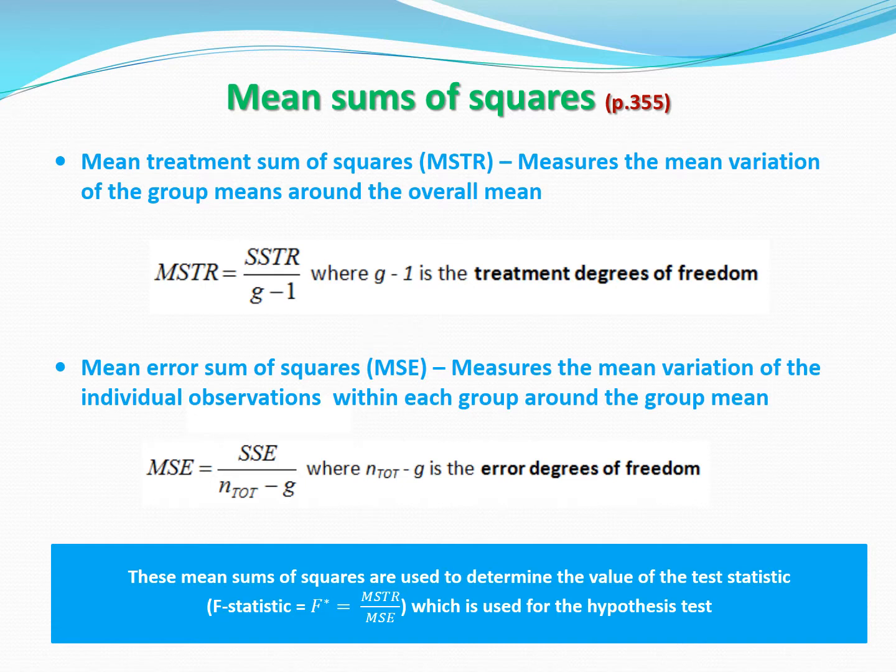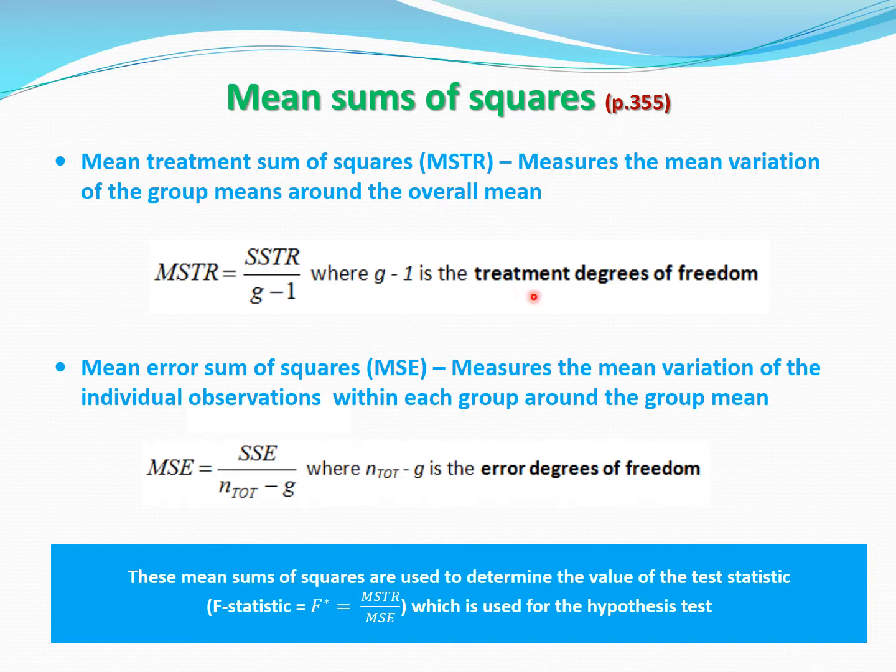We can then use these measures to calculate our F statistic, and that we are going to use in our hypothesis test in the next section. And our F statistic is denoted by F star, and that's simply your MSTR divided by your MSE. This F statistic follows the F distribution with V1 and V2 degrees of freedom.